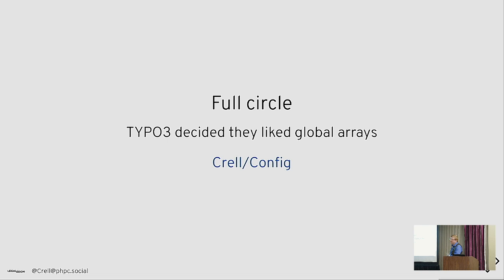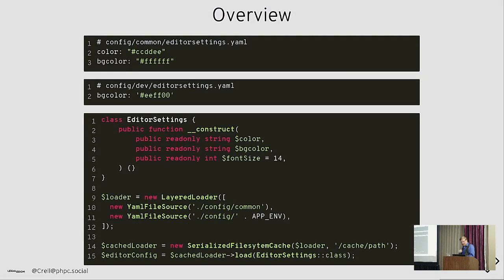And it took me less than 4 hours to build, because everything else is handled by serialization. Serialization is not just writing to a web response or to a cache on disk. Serialization is configuration. Let's have a look at how that works. We have 2 YAML files, let's say, for our config files, called editor settings in different directories.